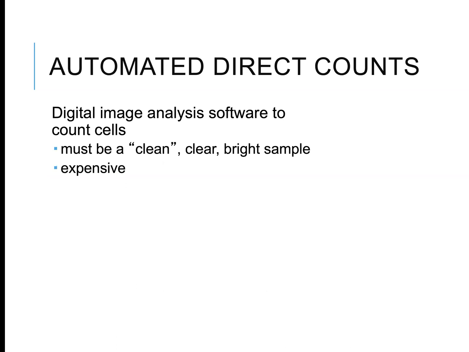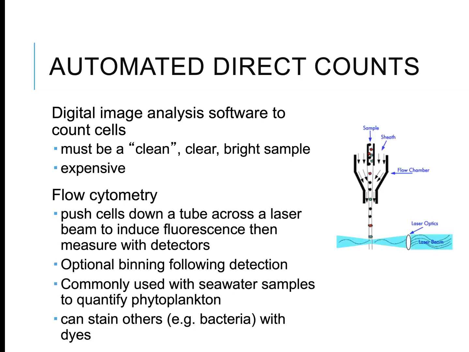Otherwise it won't count it properly. These software programs can be expensive, although I think they're cheaper now. There's a free one called ImageJ from NIH. Some of you may have used it before, but it's not automated. So flow cytometry is now the more commonly used, and we actually have some flow cytometers in the department.